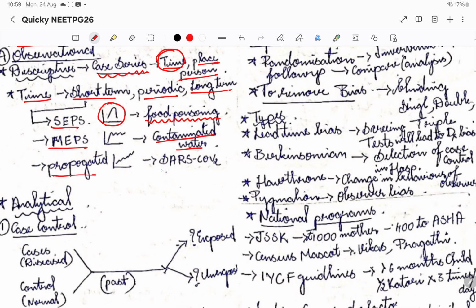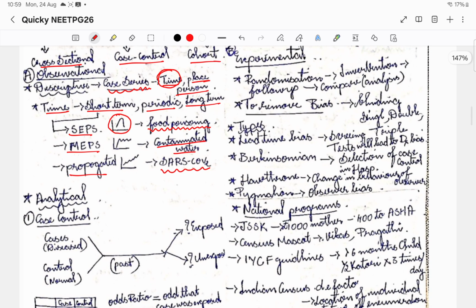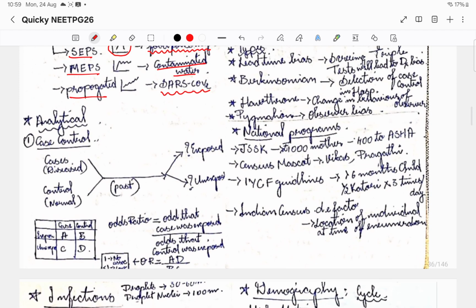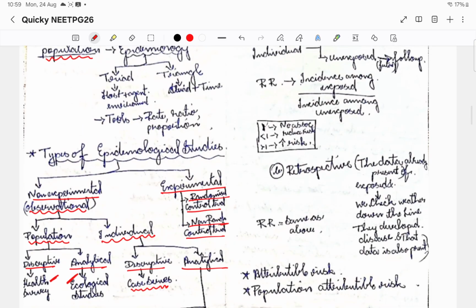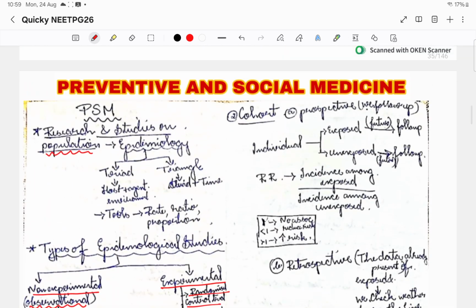Whereas propagated would be SARS-CoV, COVID. It propagated from one place to another place as the days went on. That is how you can remember the example of a propagated descriptive study. Now coming to the analytical study, our favorite and the examiner's favorite, that is case control and cohort study.